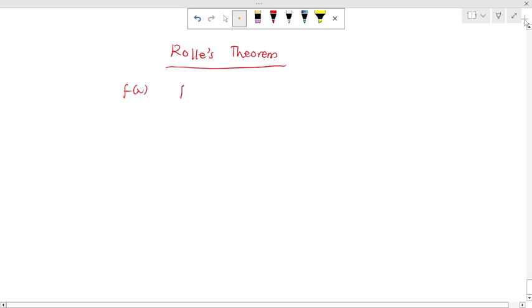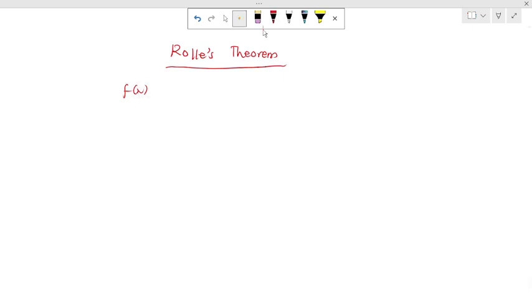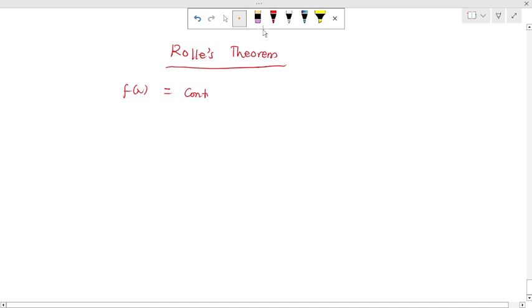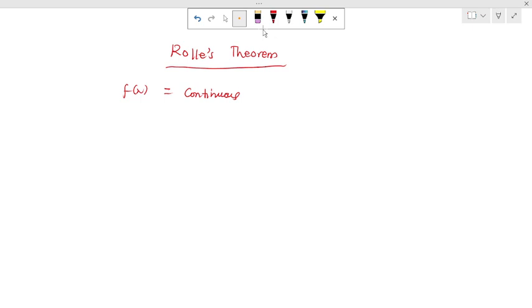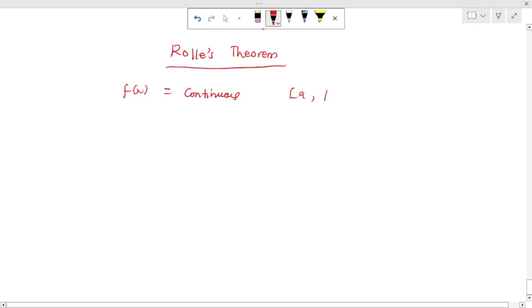If I have f of x as I've written here, and f of x is continuous, when I say continuous, it means that there is no break. So f of x is continuous over an interval [a, b].